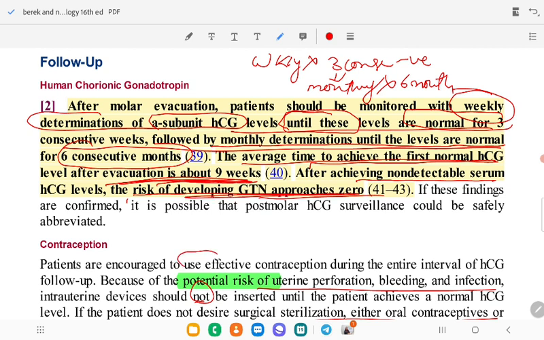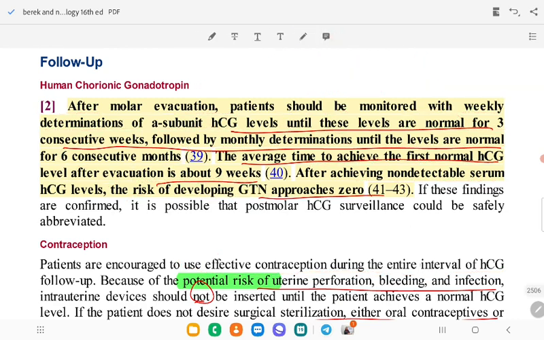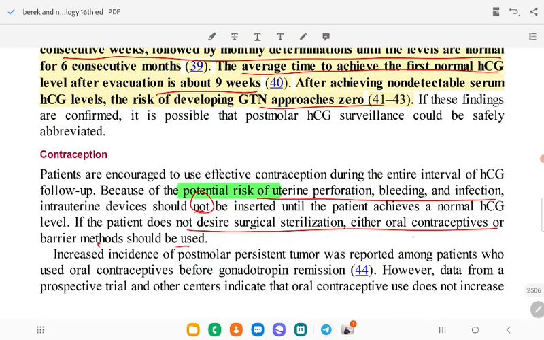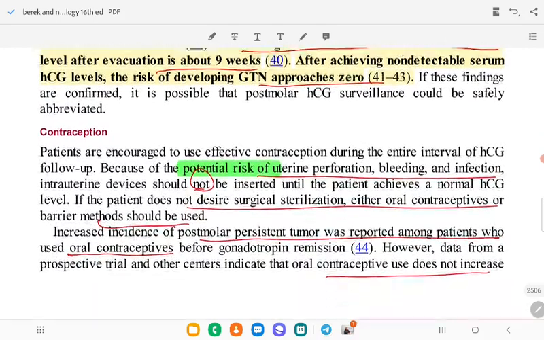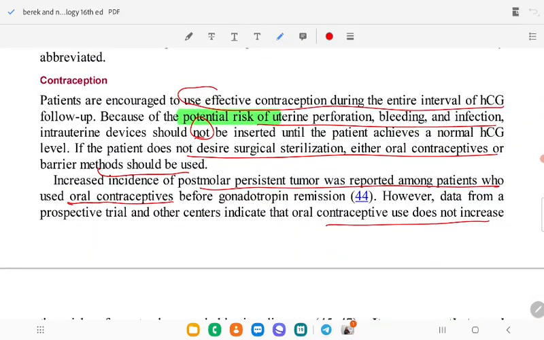Contraception: patients are encouraged to use effective contraception during the entire hCG follow-up period. The potential risks are uterine perforation, bleeding and infection, so an intrauterine device should not be used during hCG follow-up. Once the hCG is normal, if the patient does not desire surgical sterilization, either oral contraceptives or a barrier method can be used.